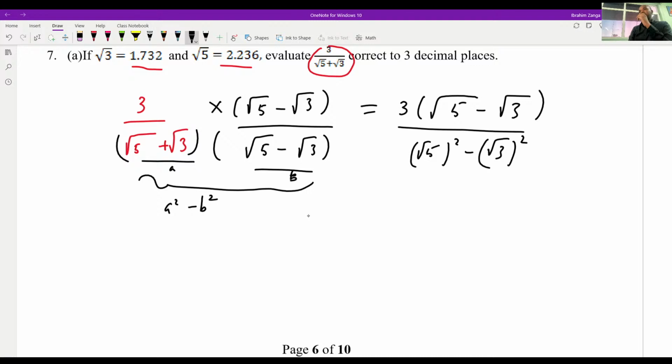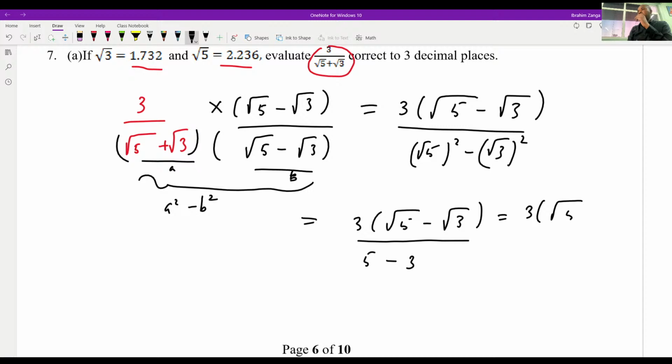Dear students, working further with this, we'll be having 3 times square root of 5 minus square root of 3 divided by 5 minus 3. Eventually you're getting actually 3, then square root of 5 minus square root of 3 divided by 2.